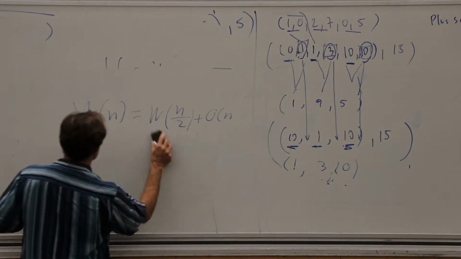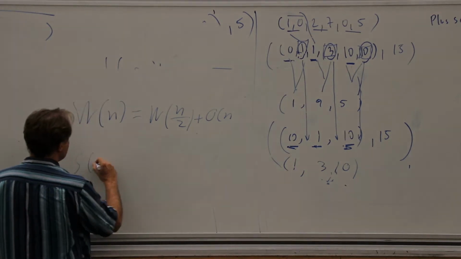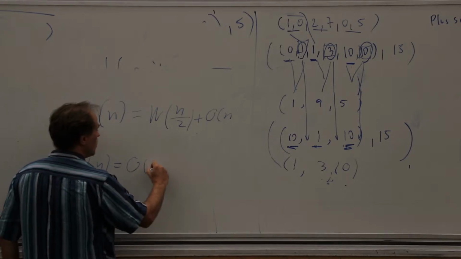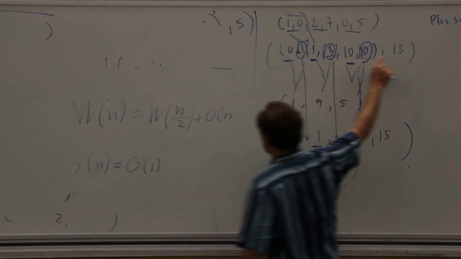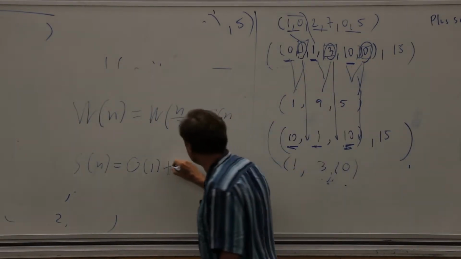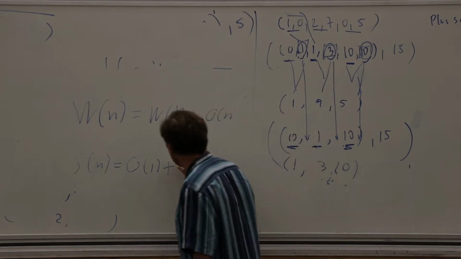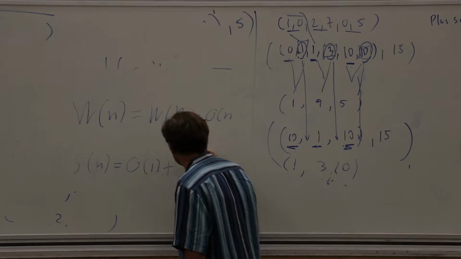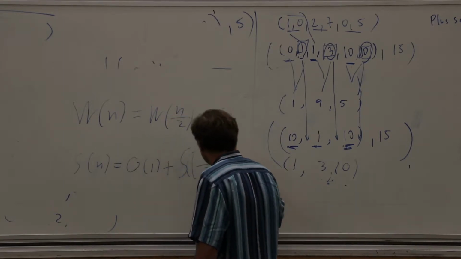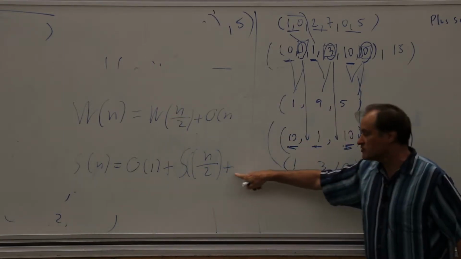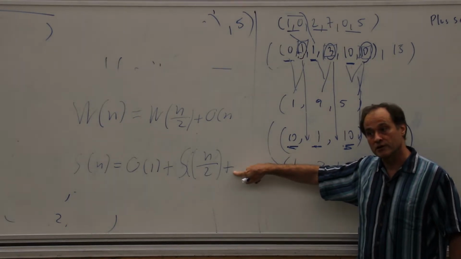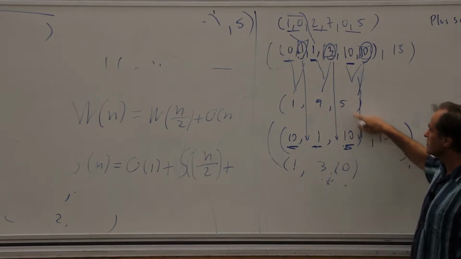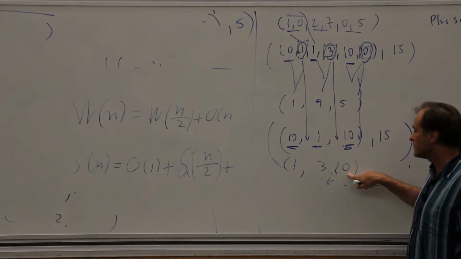So if I look at the span, I say span of n equals order 1 for my initial singleton, plus I make a recursive call, which is s of n over 2. Plus, notice I'm adding these, doing them one after each other. Plus I then have to do the summing up of these, and I also have to interleave them.